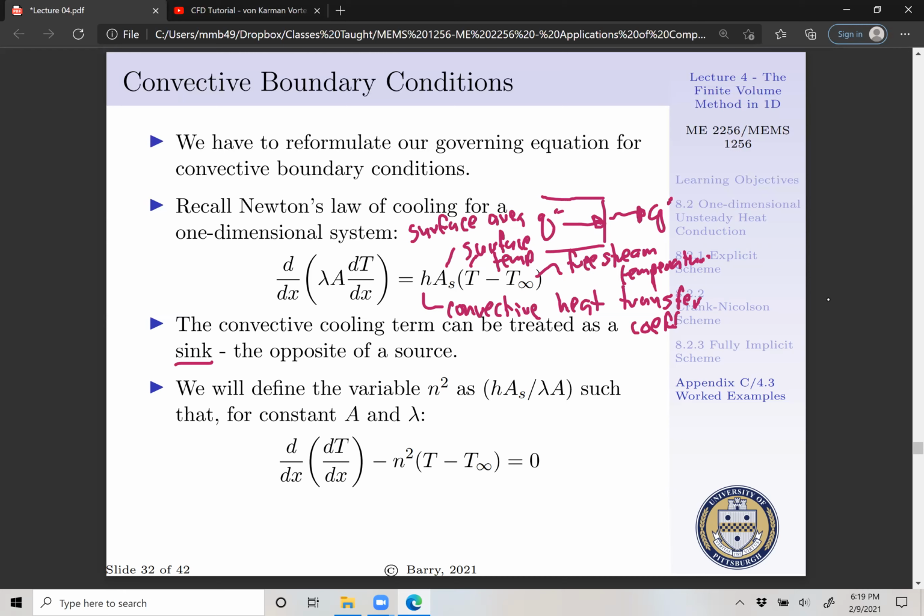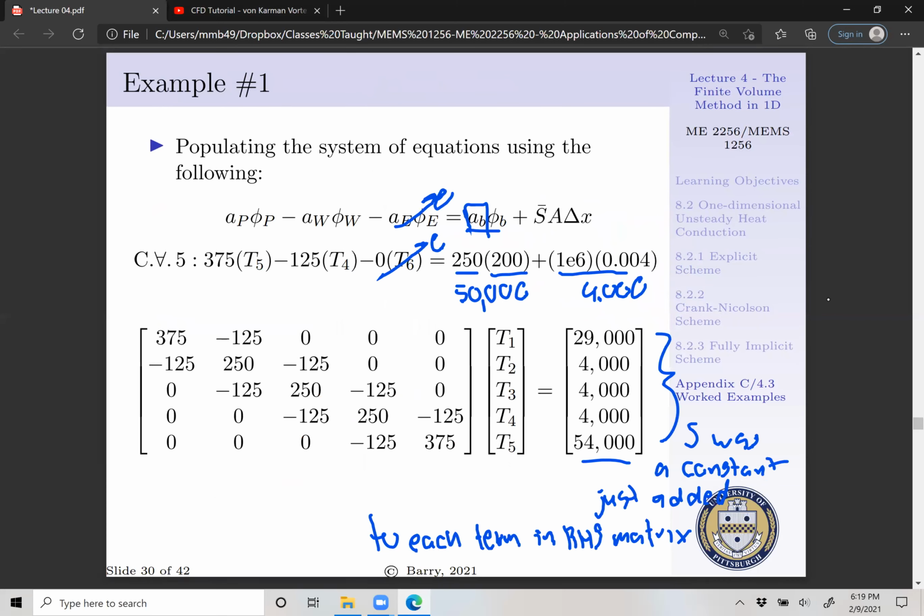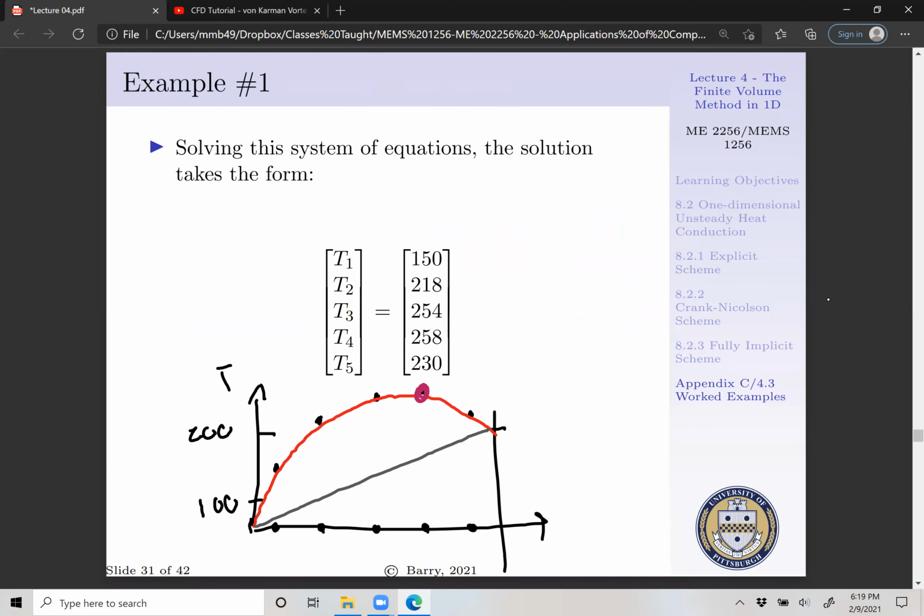That is, we saw on our previous examples where we had that source term hanging out as a constant over here, right? We can model cooling as a sink. So we put it on the right-hand side as something that is removing heat from our system.